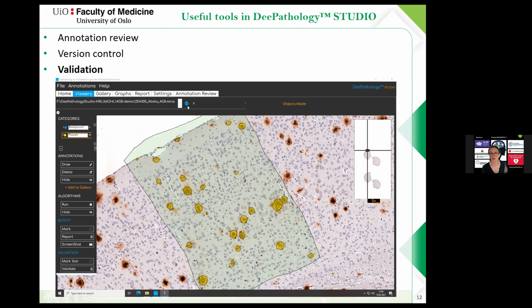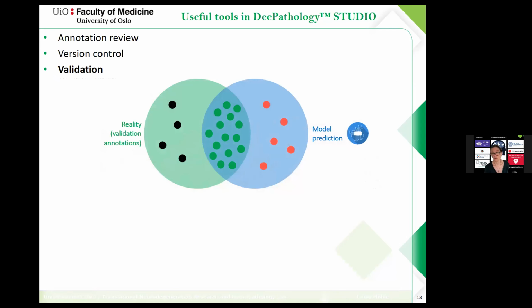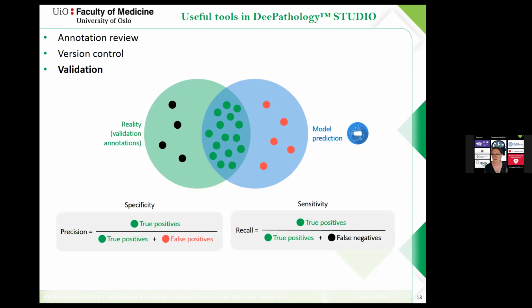So for example, here, I try to outline all plaques or all objects that I think are plaques. And then the software will compare their reality. So these are my validation annotations with its own predictions where the model sees objects. And based on that, it will calculate the specificity and the sensitivity of your algorithm.